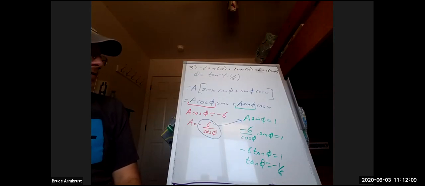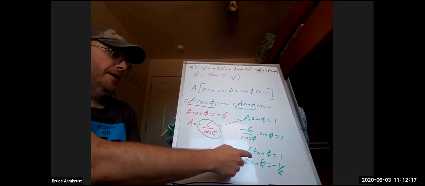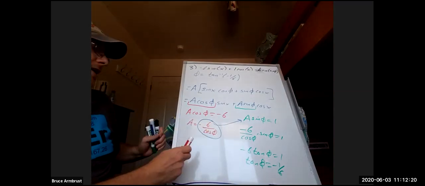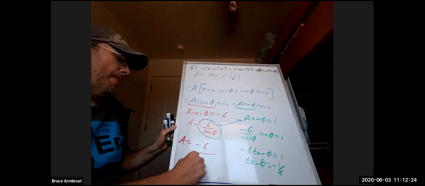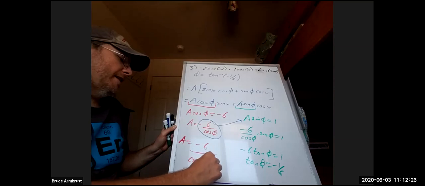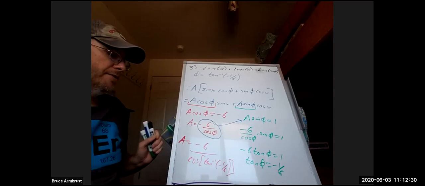All right, well, we still need to figure out what a is equal to, but we can get that right here if we substitute back. So we're going to get a is equal to minus 6 over the cosine of the inverse tangent of minus 1/6.